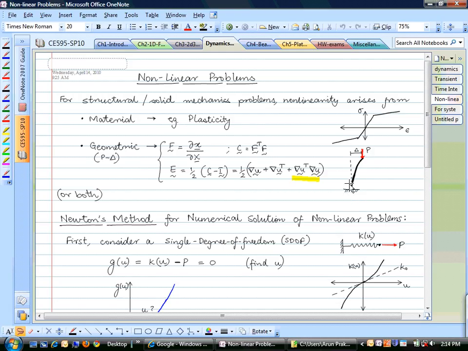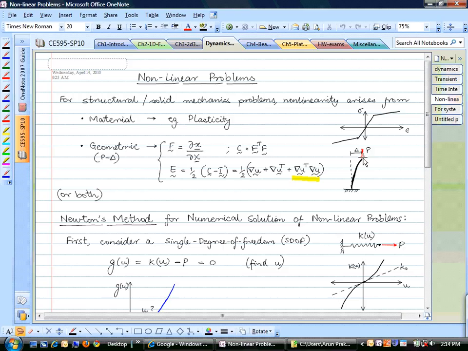Let's say our model was linear: if you apply a load P and you measure what deflection you get after applying this load, if you double the load, you will get twice the deflection.